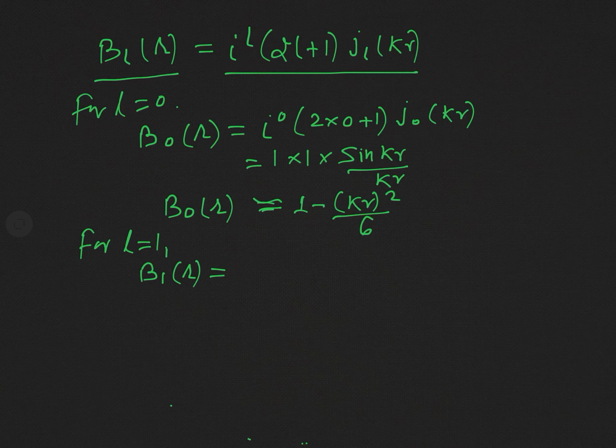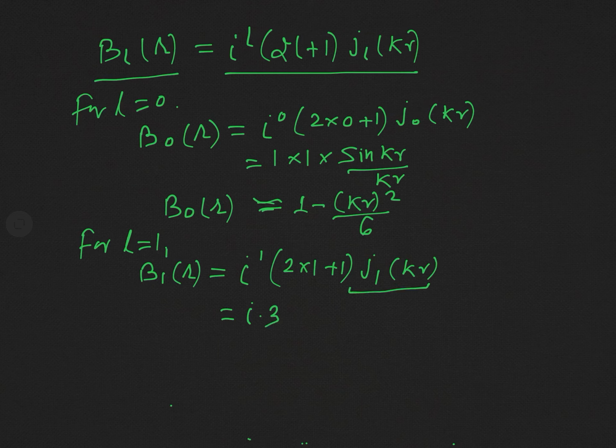Put the value of L in this expression for BL of R. This will be i to the power 1 into 2 into 1 plus 1 into J1 of KR. And this will in fact be i into 3, i into 3 and J1 of KR.